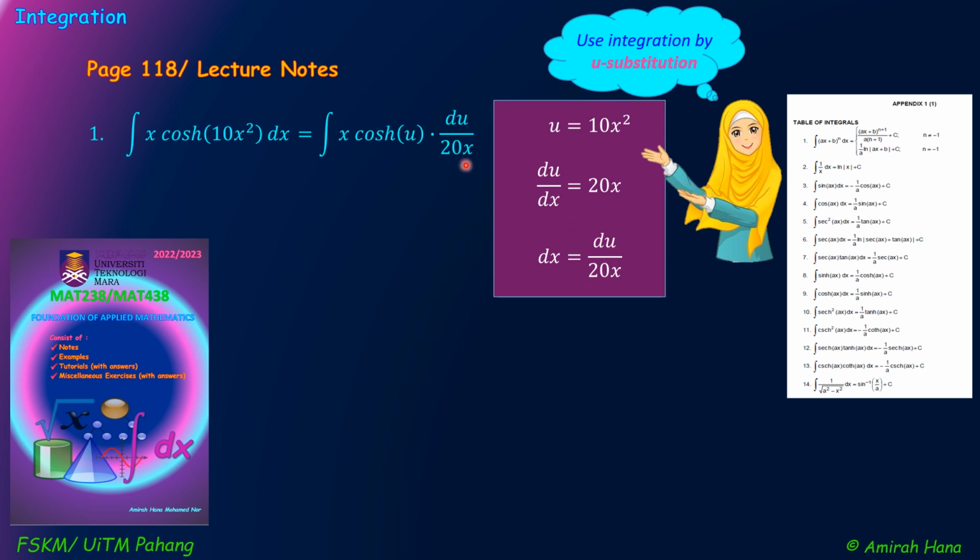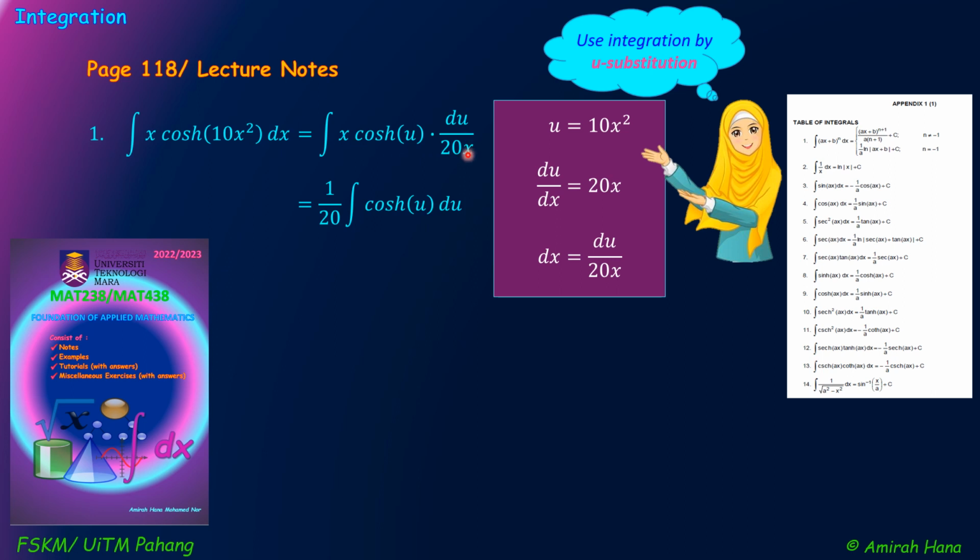Okay, and then we can simplify x here and x in denominator here, and at the same time you can move out constant 20 here. Okay, so we got this. After we move out constant, we got 1 over 20, and then integration of cosh u du, sebab kita dah simplify x here dengan x in denominator here.